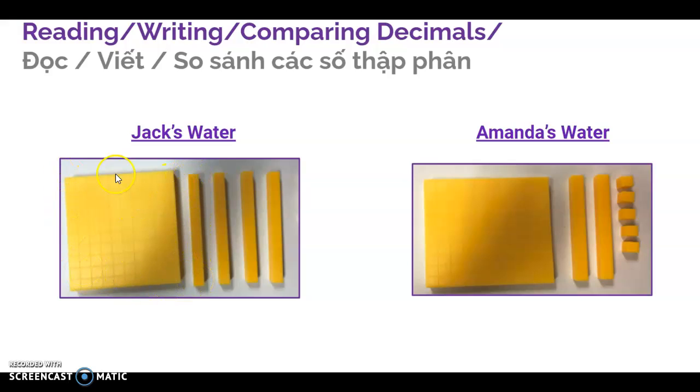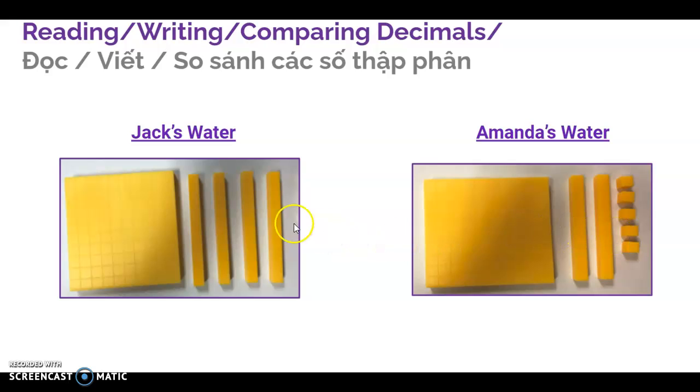So here Jack has 1 and 1, 2, 3, 4, 4 tenths. Amanda has 1 and 2 tenths, and 1, 2, 3, 4, 5 hundredths. So we would read this as 25 hundredths.